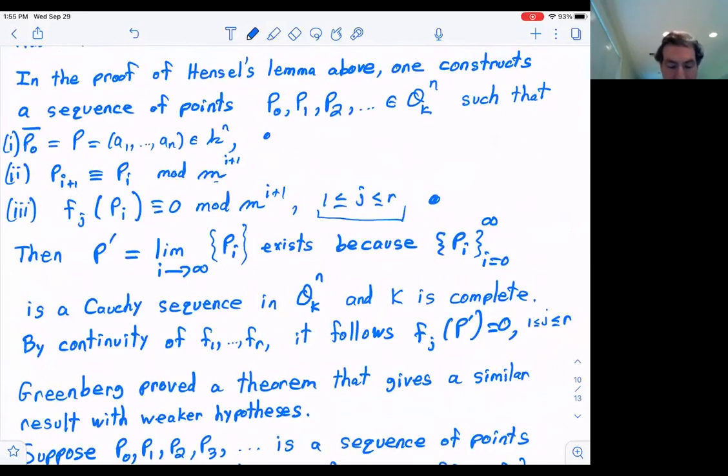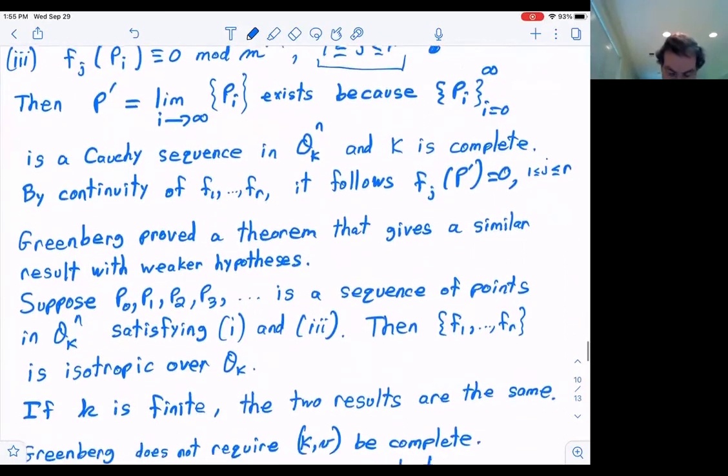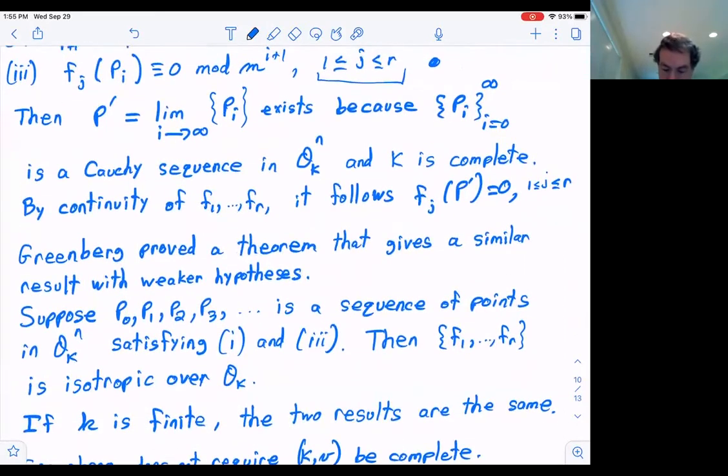But I'm not assuming that these points are congruent mod powers of the maximal ideal. They do not form a so-called coherent sequence. So we are not assuming that. Suppose they satisfy 1 and 3, then F1 through FR is still isotropic. There's still a non-trivial common zero.